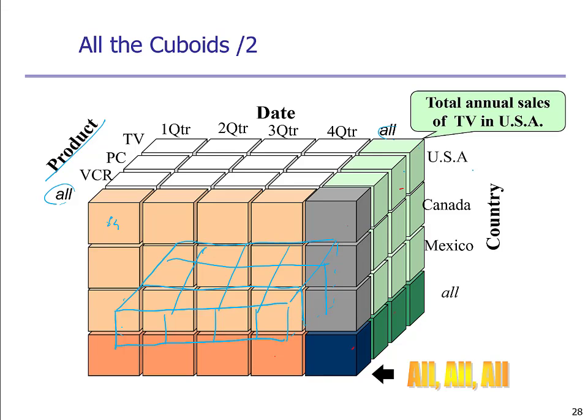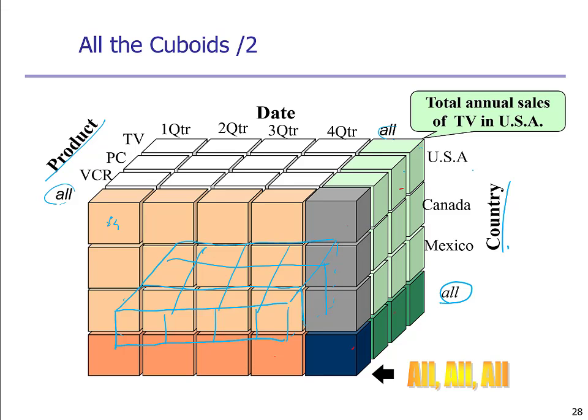Then for this blue hidden one, which is in the bottom layer, you can imagine the aggregation is on top of countries, right? Because we have the aggregation on date, which is the green one, and the aggregation on product, which is the yellow one, we must have an aggregation on country, which is this hidden one.